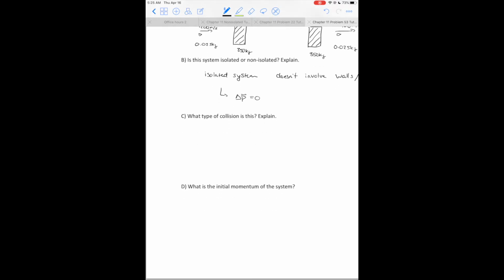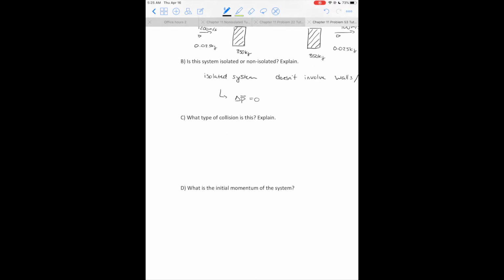What type of collision is this? Well, it's hard to say right off the bat. It's obviously not a perfectly inelastic collision, right? A perfectly inelastic collision would have the target and the bullet moving at the same speed after the collision, which is really to say that the bullet would be embedded inside the target.